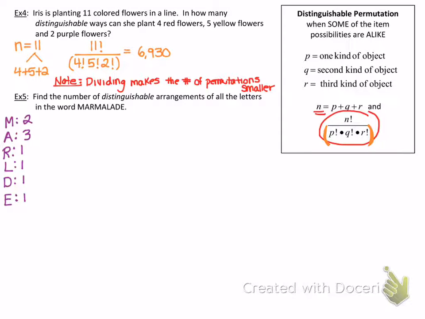So our N value here is all of those letters added up, which is 9. So my equation is going to be 9 factorial divided by 2 factorial times 3 factorial times 1 factorial times 1 factorial times 1 factorial times 1 factorial. Now, again, this is an example where we have more than just 3 options or 2 options.